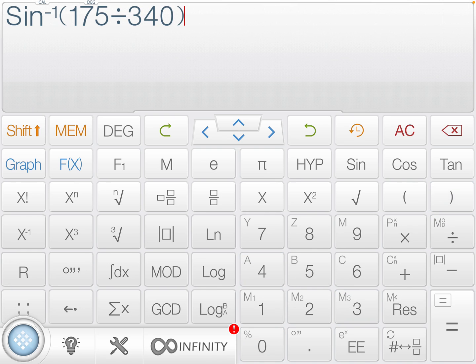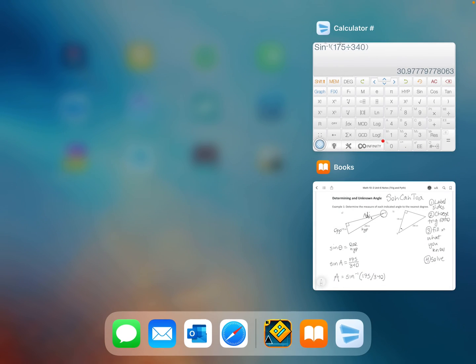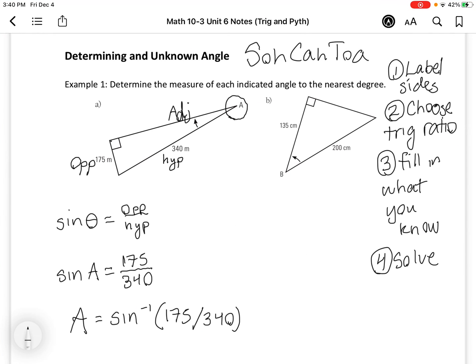I'm going to close the bracket and go equals. And that's 31 degrees. So we can say that A equals 31 degrees. Okay, so that's that one.